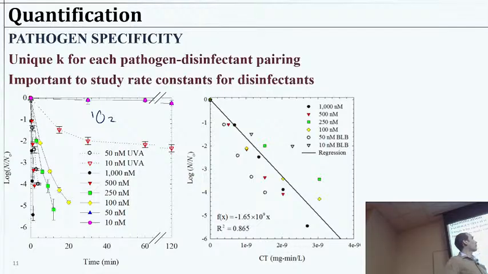Right here, the -1 would be a 90% removal. So when we had 90% removal, or 99%, and so on, what was the CT? We could calculate some estimated concentration of our singlet oxygen.